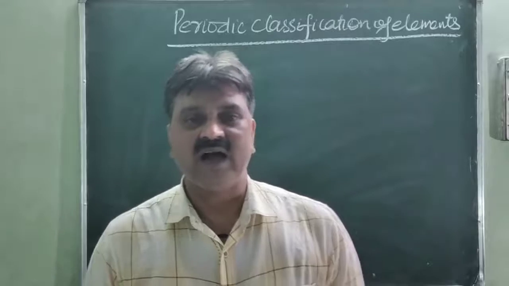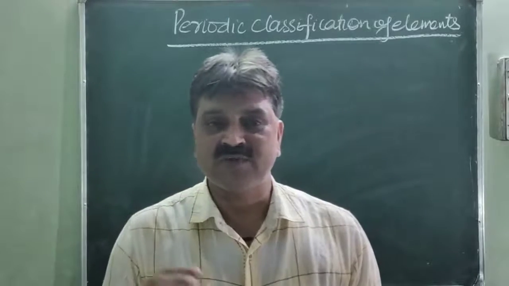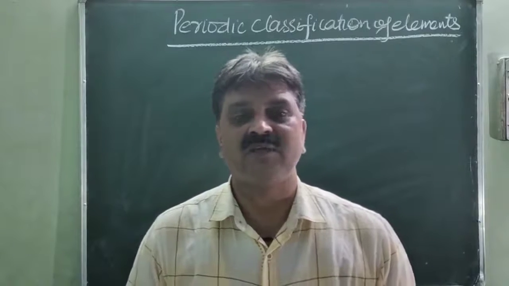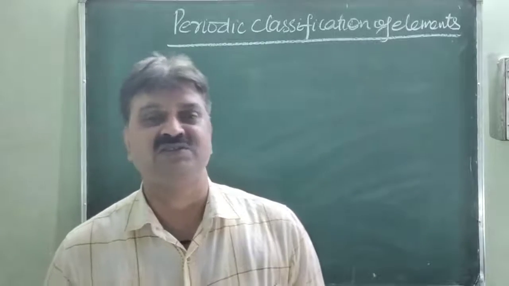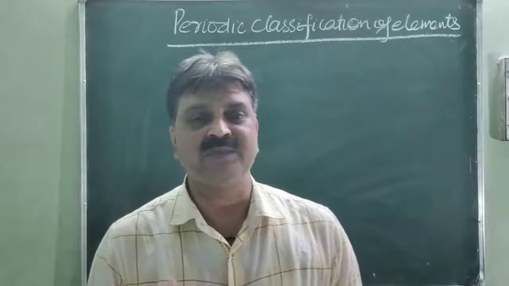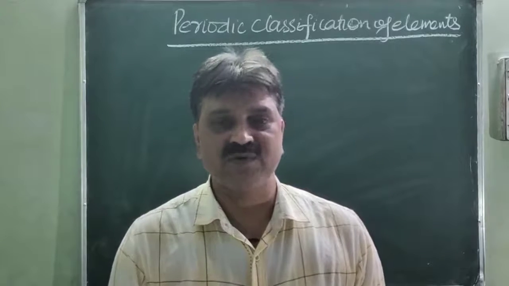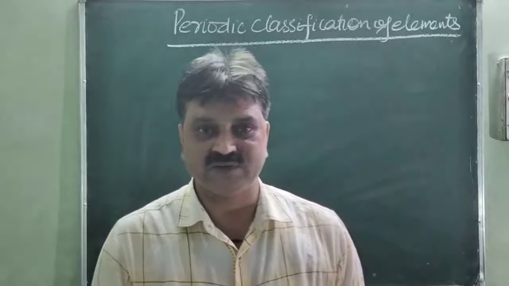Ionization enthalpy is defined as the amount of energy required to pull the most loosely bound electron from the valence shell of an atom in its isolated gaseous state. Ionization enthalpy and electronegativity will be read in class 11. For your convenience, I have explained them here.